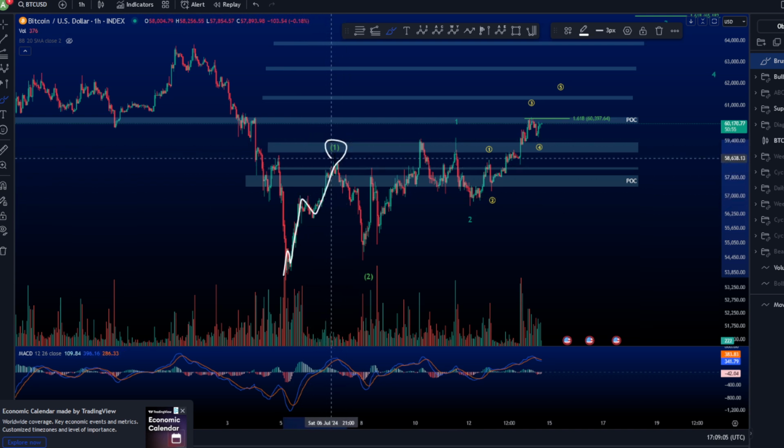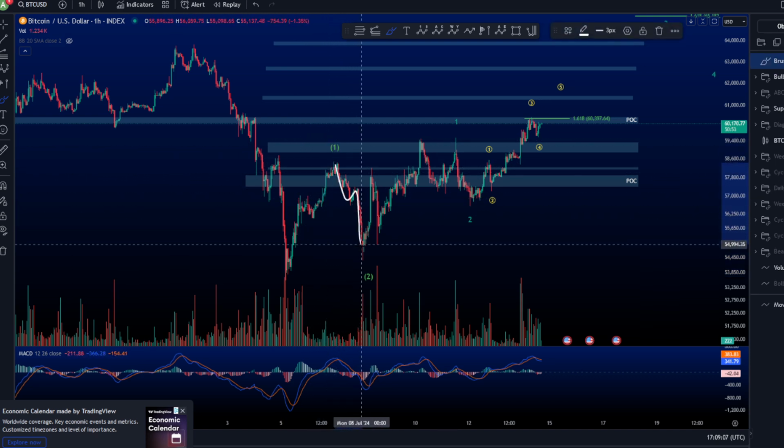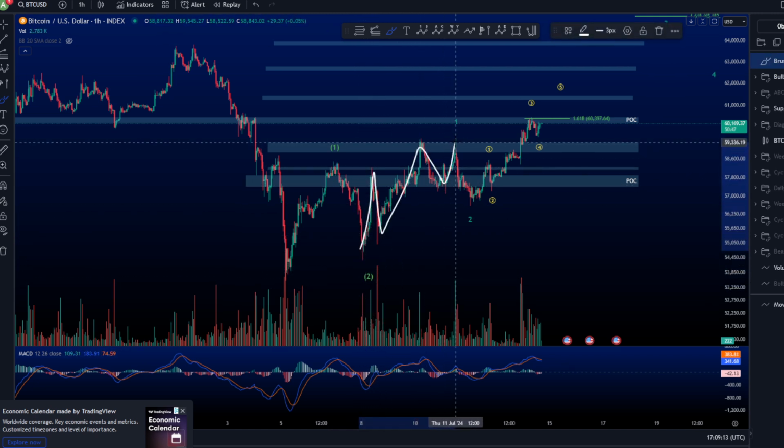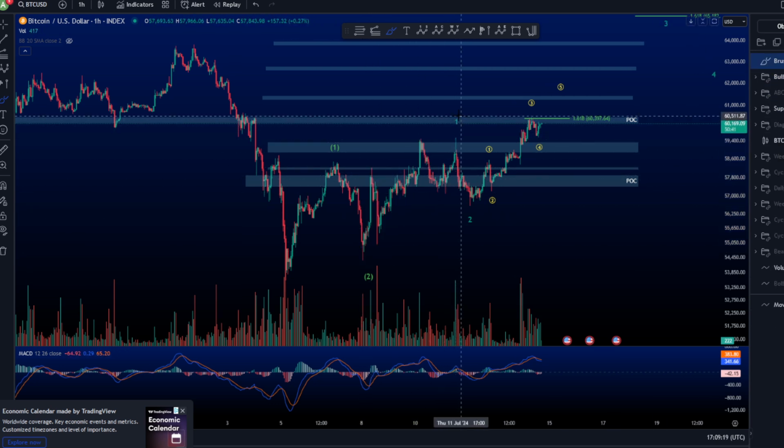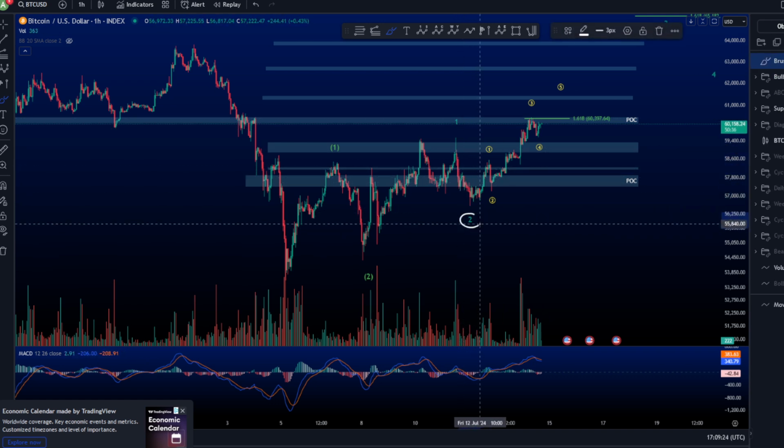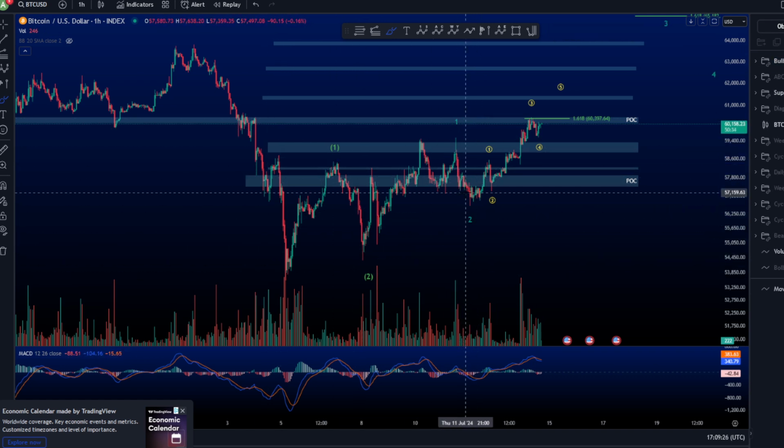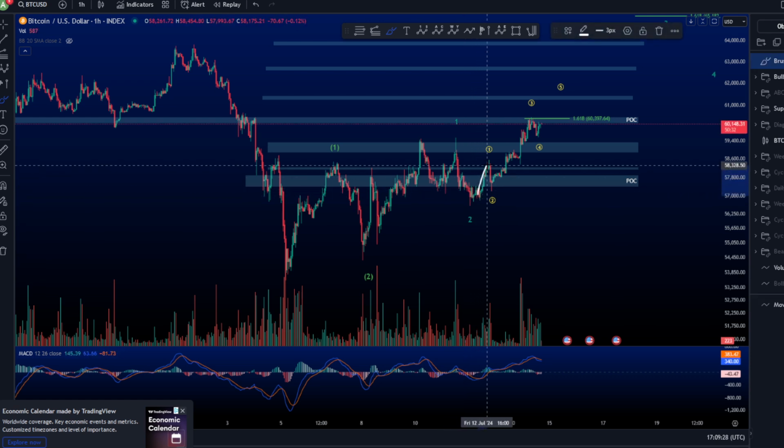This is for the 1. Then we have an ABC correction for wave 2, and then we have 1, 2, 3, 4, 5 again, which is a diagonal kind of. So this is also wave 1, and then we have an ABC correction again for wave 2. So that makes a double 1, 2, and what we see here is a 1, 2, 3, 4, 5, as I mentioned.